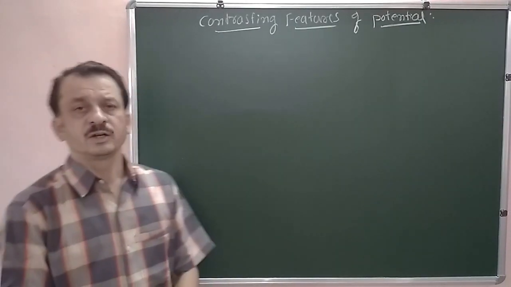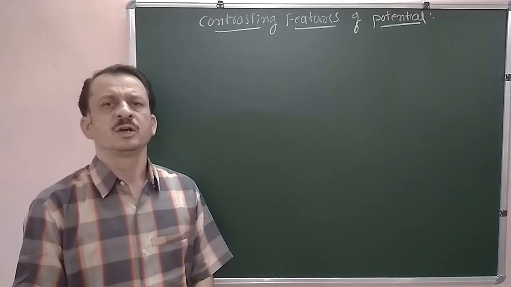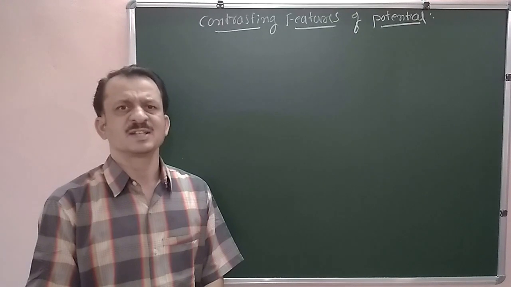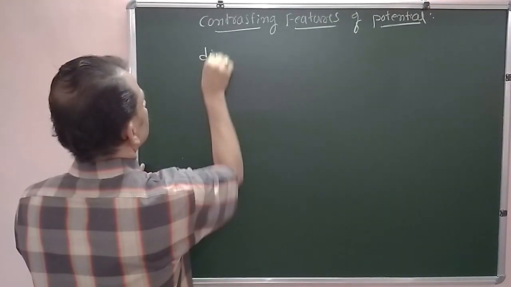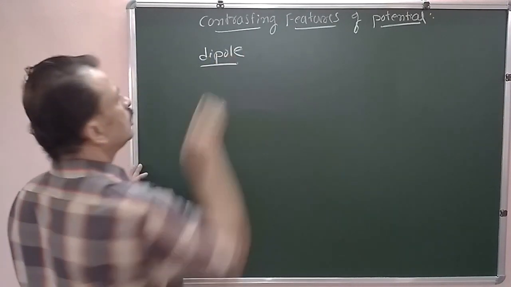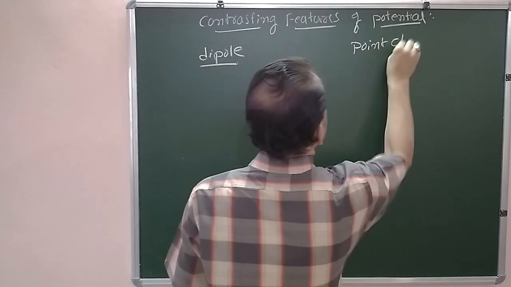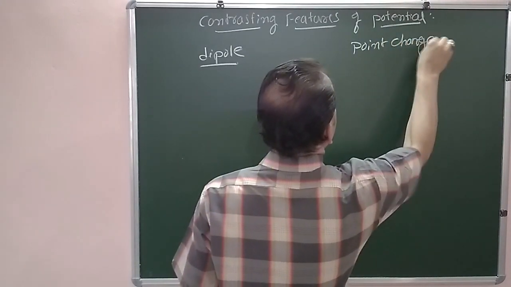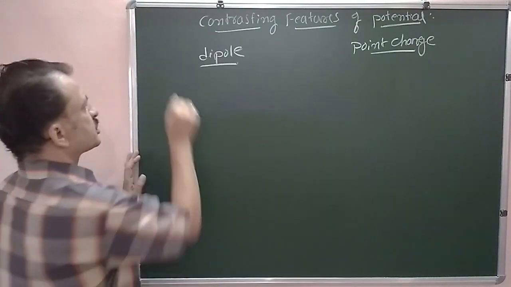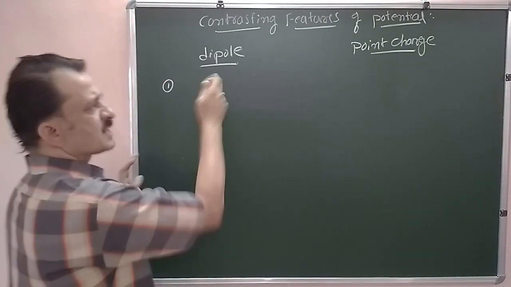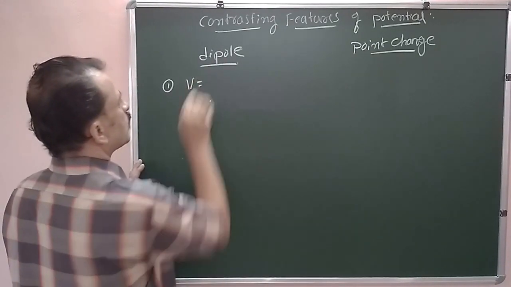Now we will study two important contrasting features of potential due to a dipole as well as a point charge. One side we have the dipole and the other side we have a point charge, that is a single charge. Now let me write first the expression. What is the expression for the potential due to a dipole at any arbitrary point?